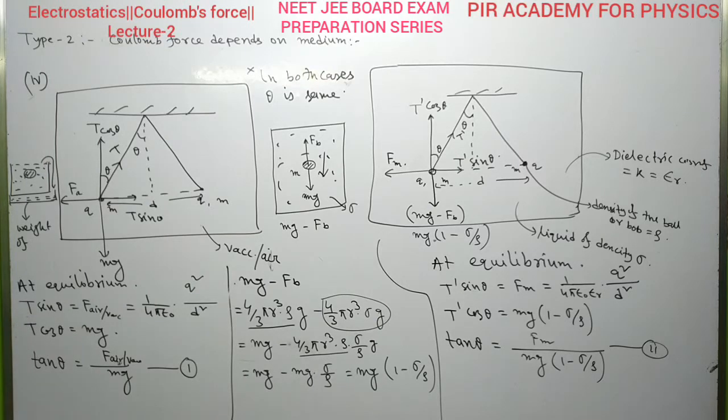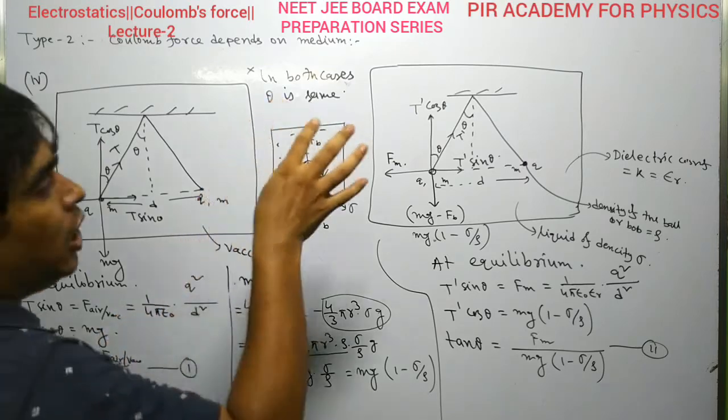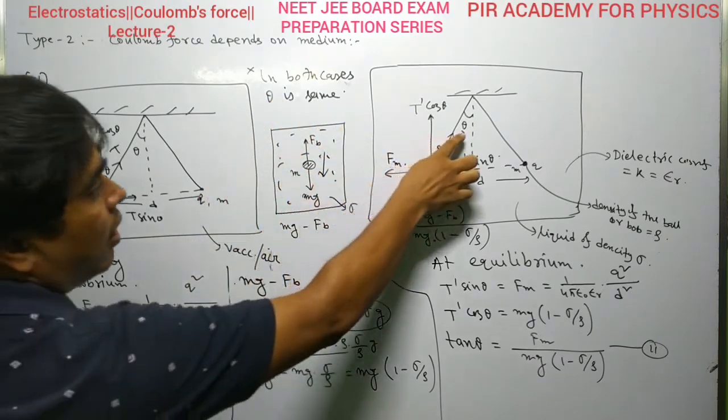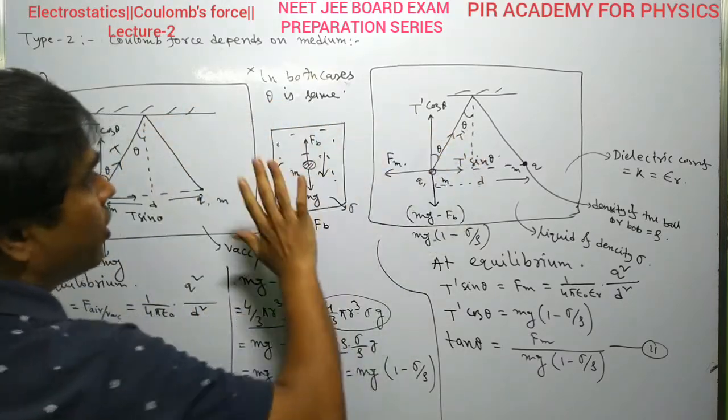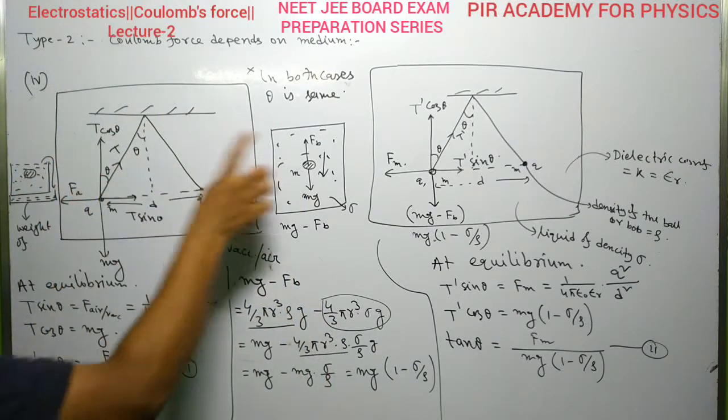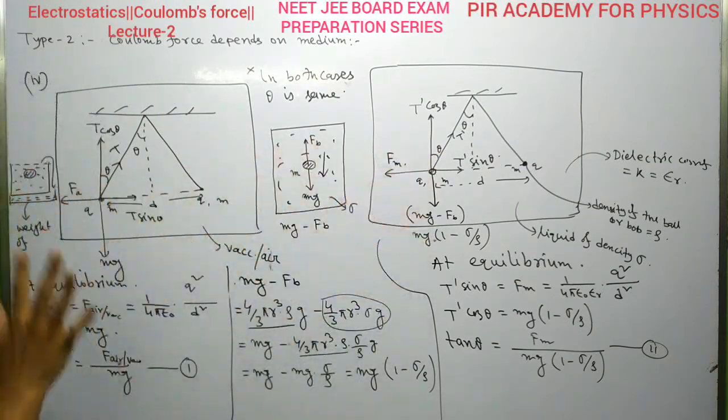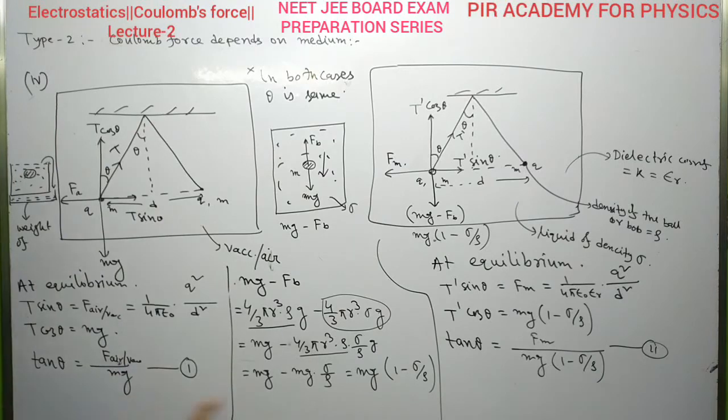In this problem, you are given that theta in both conditions is the same. If theta in both conditions is the same, then tan theta and tan theta will be equal.